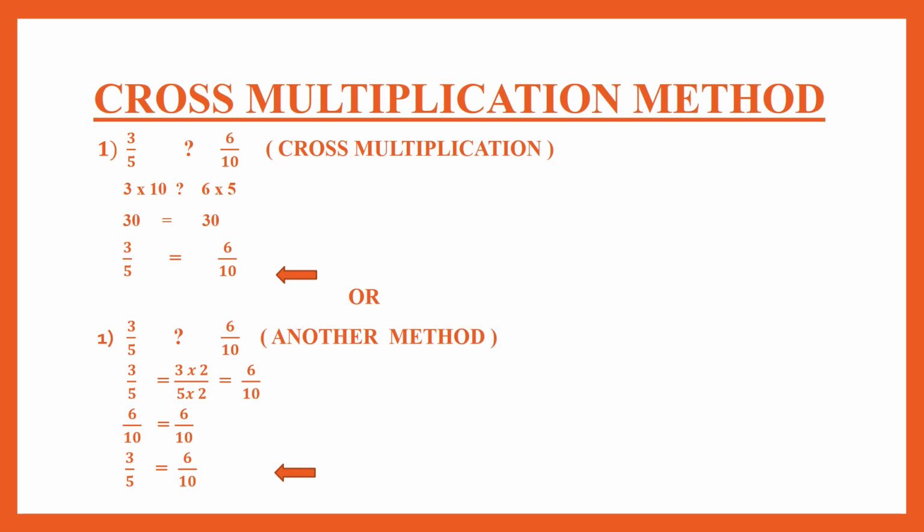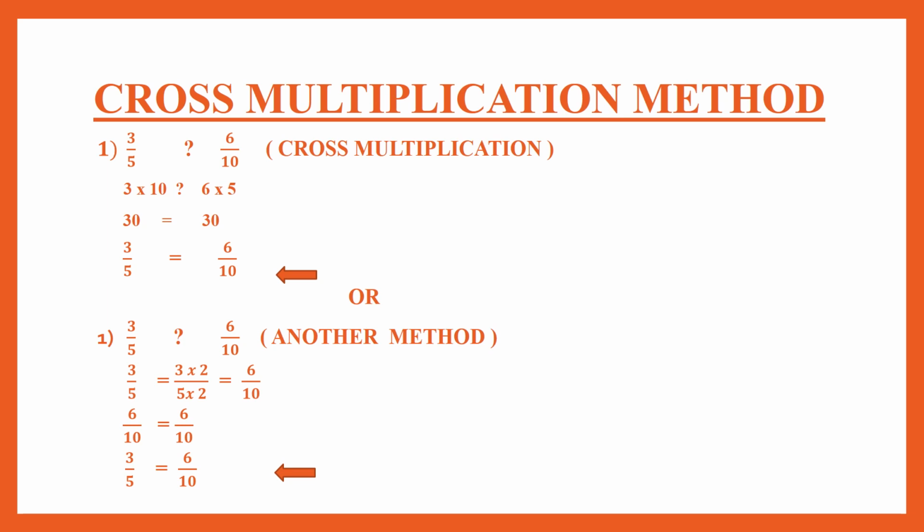I have written another method here. If you look at 3 upon 5, the denominator 5 can be converted into denominator 10 by multiplying it by 2. But we never multiply only the denominator. We have to multiply the numerator as well with the same number so that the fraction remains the same. So, 3 upon 5 is equal to 3 into 2 upon 5 into 2, which is equal to 6 upon 10.